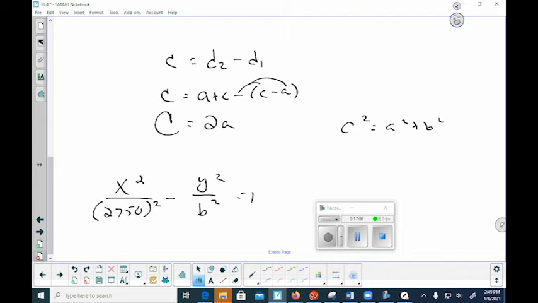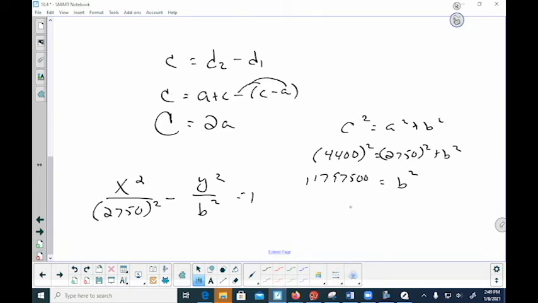So 4,400 squared is equal to 2750 squared plus b squared. I'm just going to leave b squared as it is and not bother taking the square root. I get b squared equal to 11,797,500.